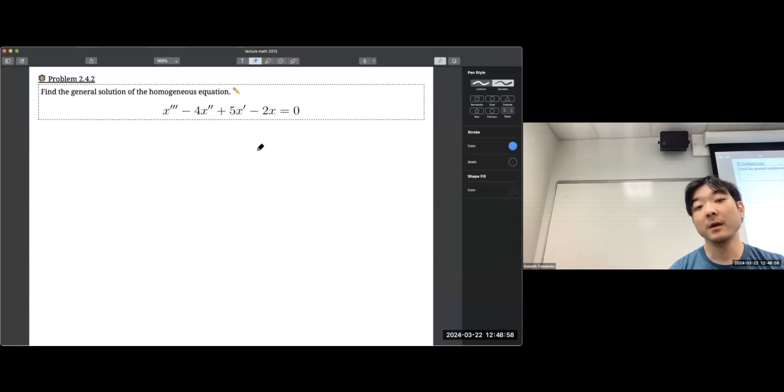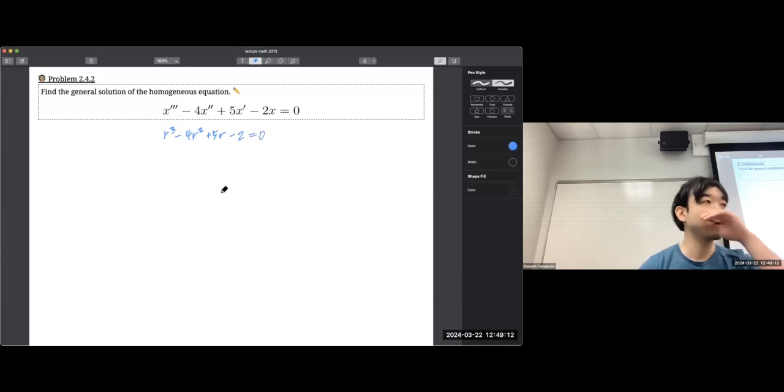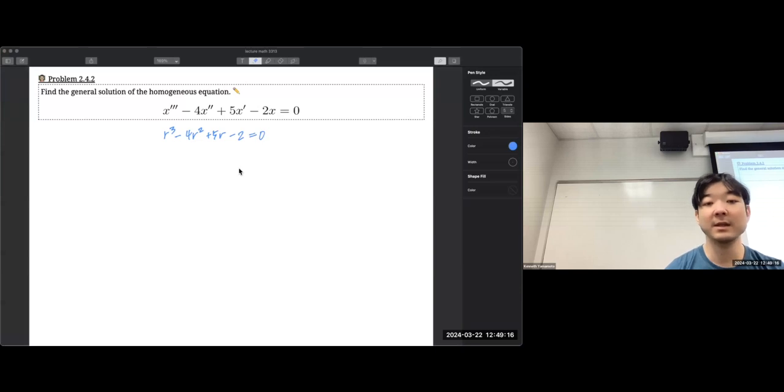So here you have a third order equation, and the characteristic equation is simply r cubed minus 4r squared plus 5r minus 2 is equal to 0, right? So you can go immediately and just use that same idea that we had before. And for this one, it's all an algebra problem at this point. So you just have to find the r's that solve this cubic equation.